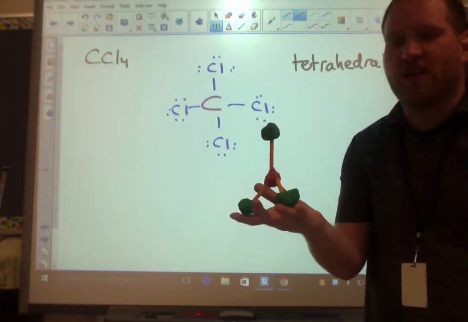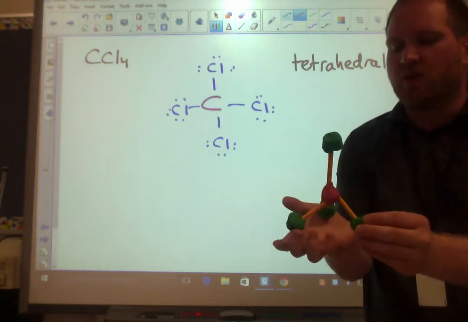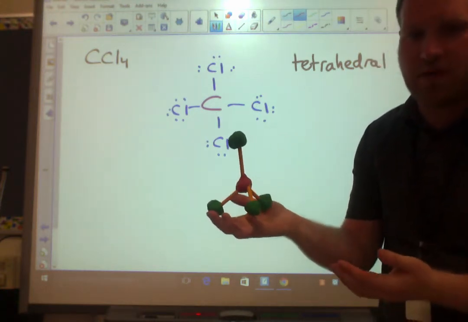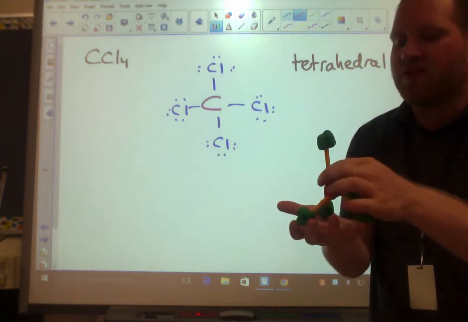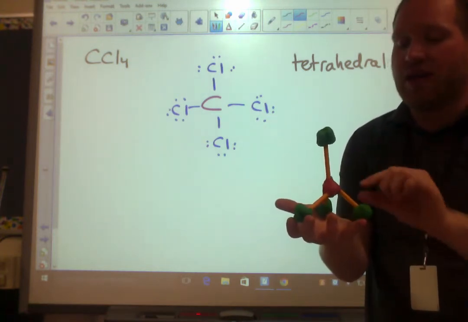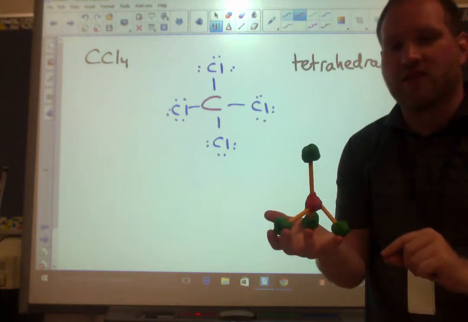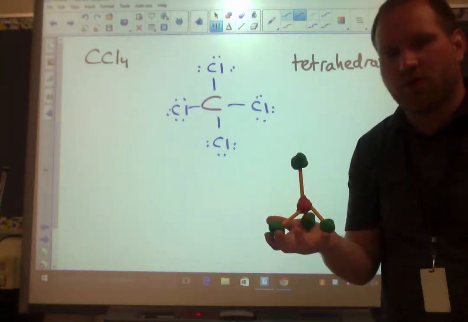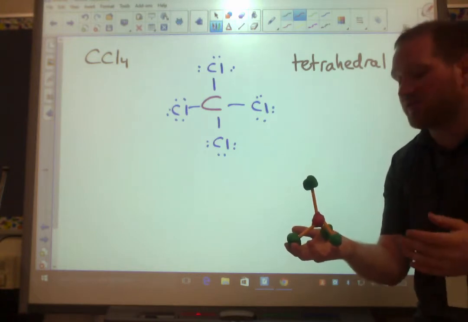Each kid grabs a chain and they're all trying to pull with the exact same strength. Now, my model might not be a perfect tetrahedral, but in theory it's perfectly spaced apart, so that ball in the middle is not going to go anywhere. And that tells you that it's going to be a symmetrical molecule. So this molecule is going to be nonpolar because the polarity cancels out.